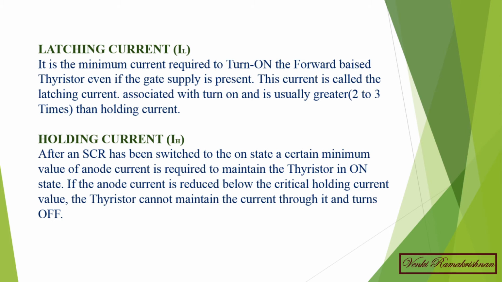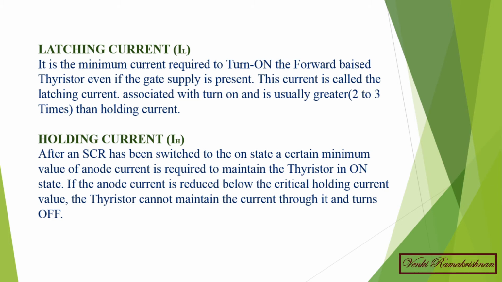Okay. Next, holding current. After an SCR has been switched to the on state, a certain minimum value of anode current is required to maintain the thyristor in the on state.